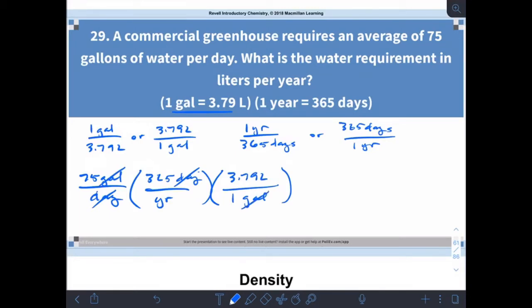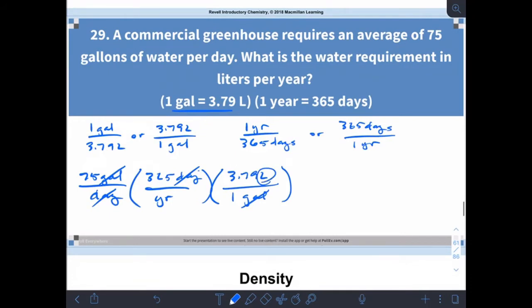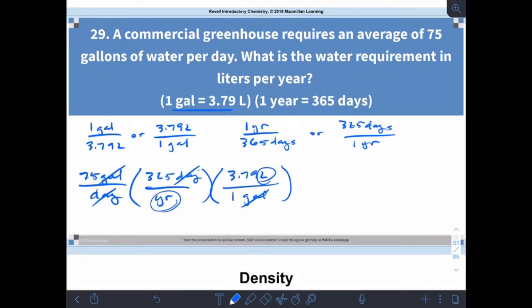So the only units that are left are the liters per year, which is what I'm looking for. So we end up with an answer to the correct significant digits of 1.0 times 10 to the 5 liters per year. And it's two significant figures because I have two significant figures in my original information, and my conversion factors are both definitions, so they both have infinite significant digits.